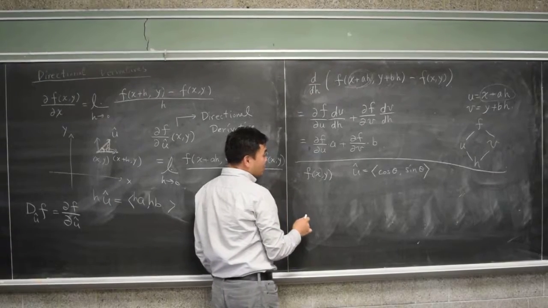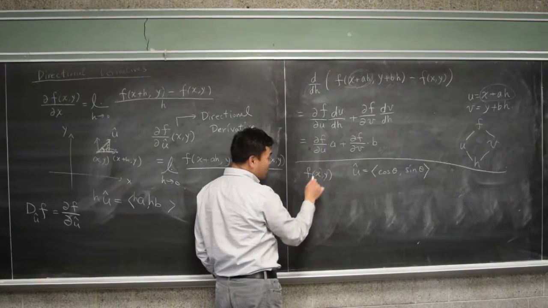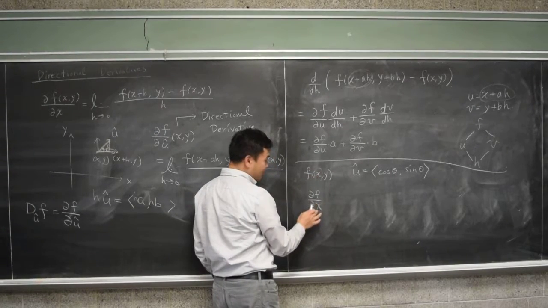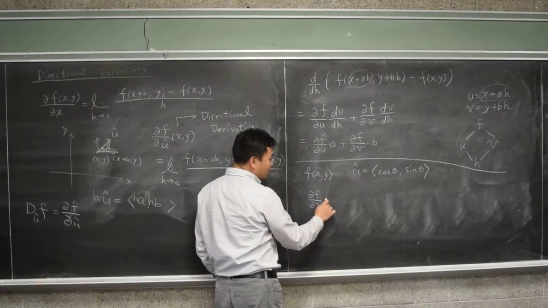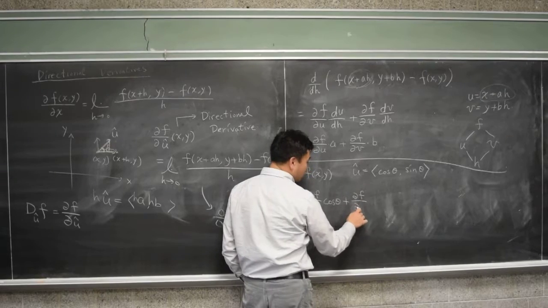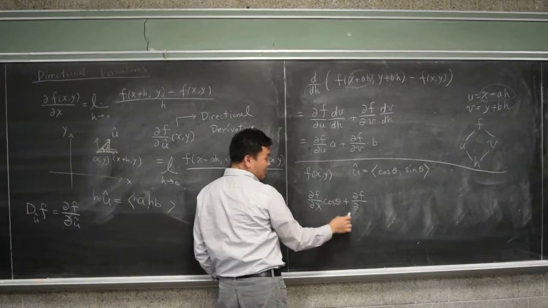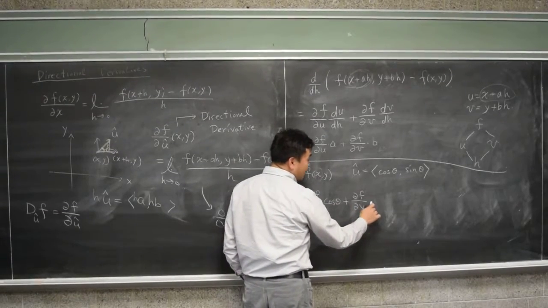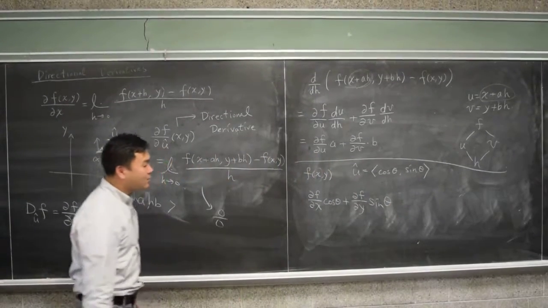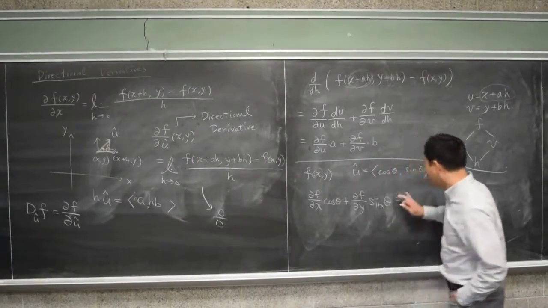So I can translate this over to this context and say instead of round f round u, we can just say f differentiated by the first component, in which case this is our x, times cosine of theta, plus round f differentiated with the second component, in this context round y, times sine theta.